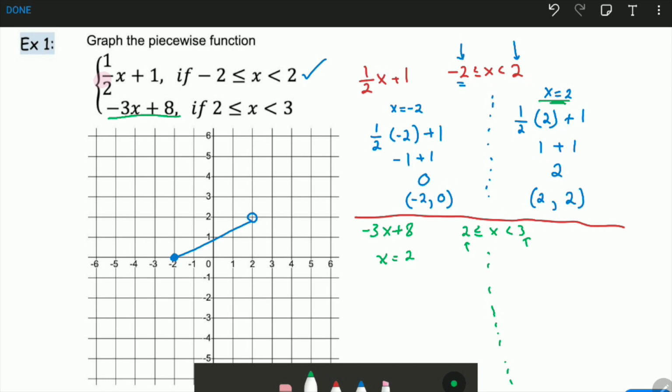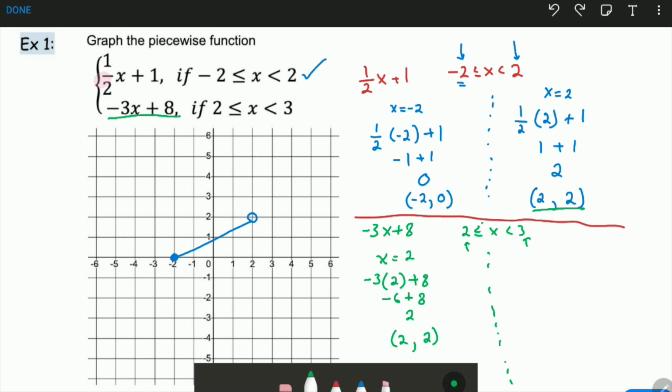It could be the same, but also might not be. So we plug it into our new piece, -3 times 2 plus 8. -3 times 2 is -6, plus 8 is 2. So it does give us the ordered pair (2, 2), which is the same as what we had earlier.